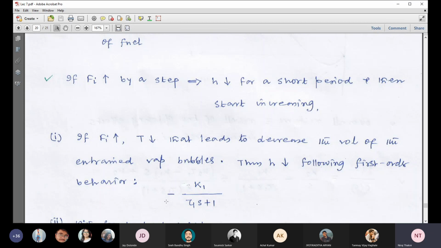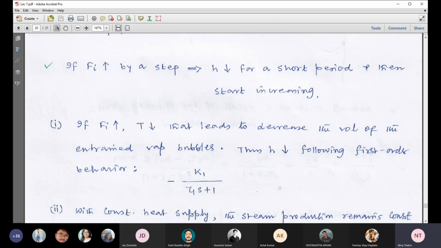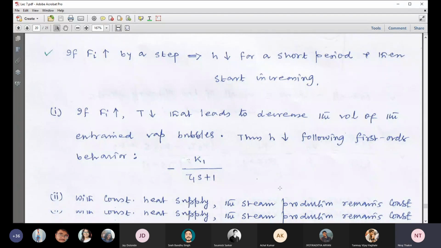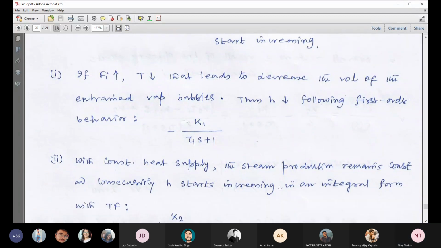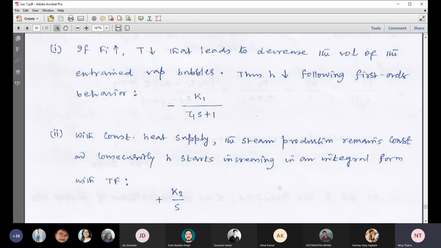You see the negative sign, you are understanding, because it is decreasing. Now come to the second time duration. I mentioned that in the second time duration there is a consistent increase of liquid height.